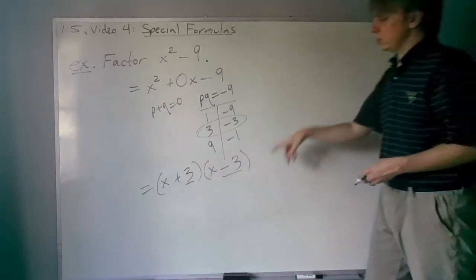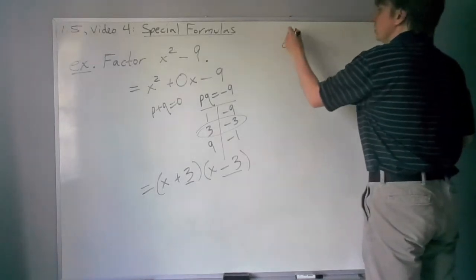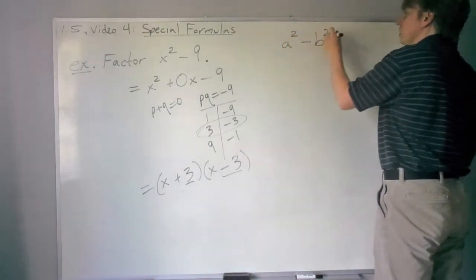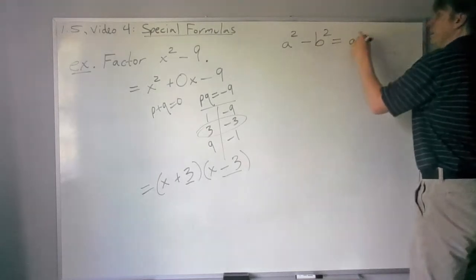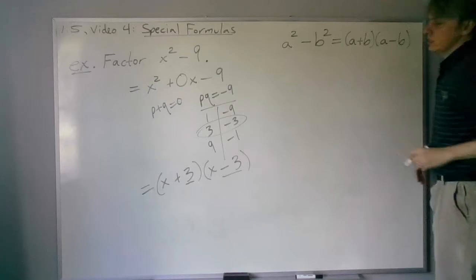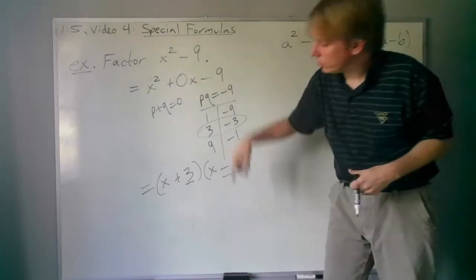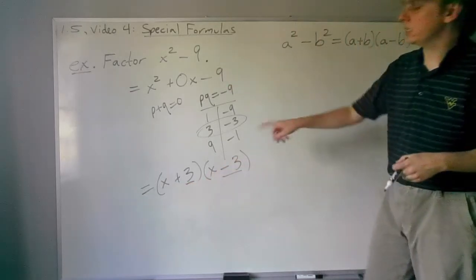Okay, so this is an example of a formula that we're going to see a lot. Whenever we have a square minus a square, it turns out it's going to factor exactly this way. This is x squared, this is 3 squared. It turns out it factors as x plus the 3 and x minus the 3.